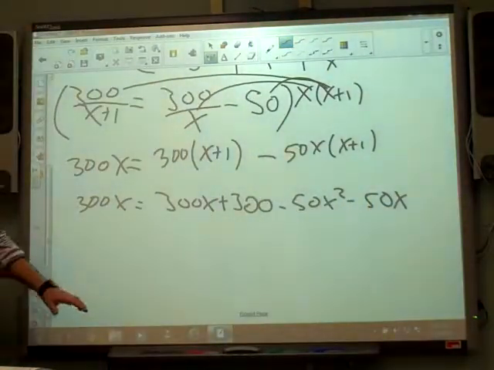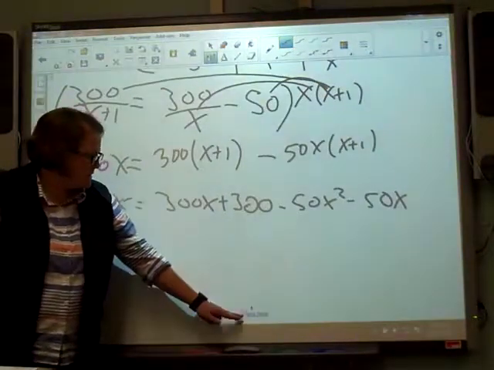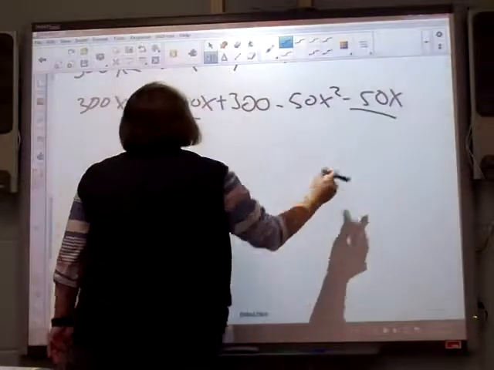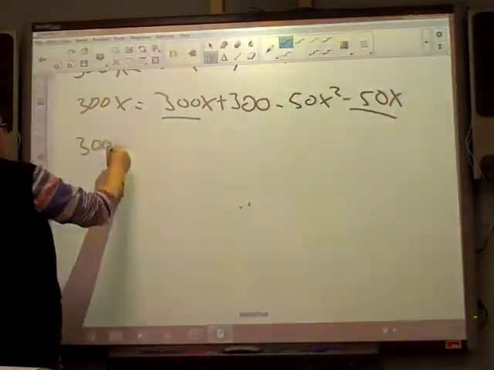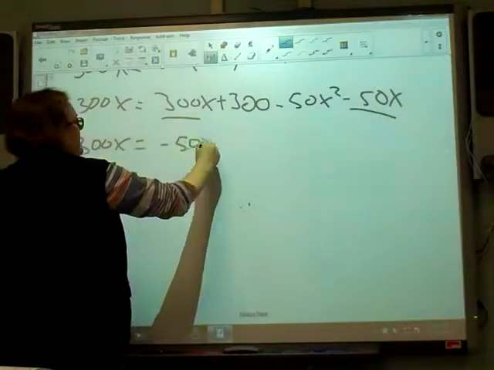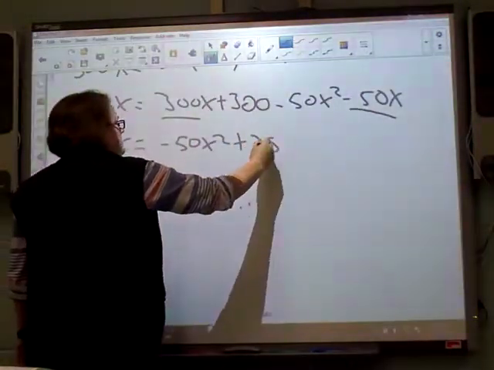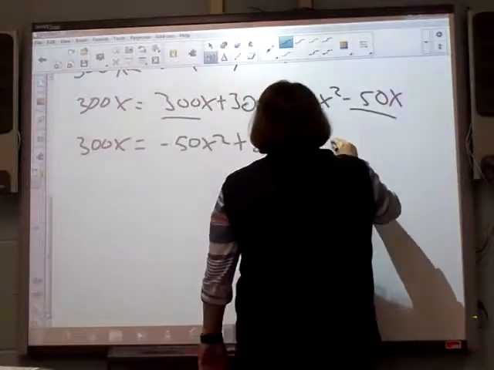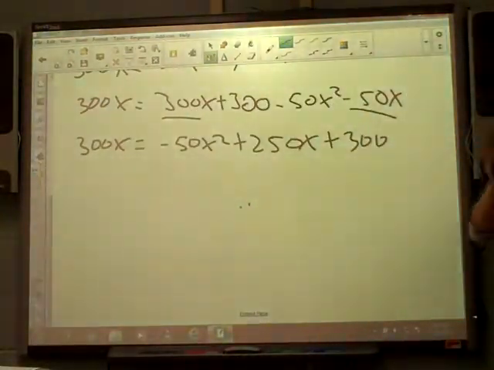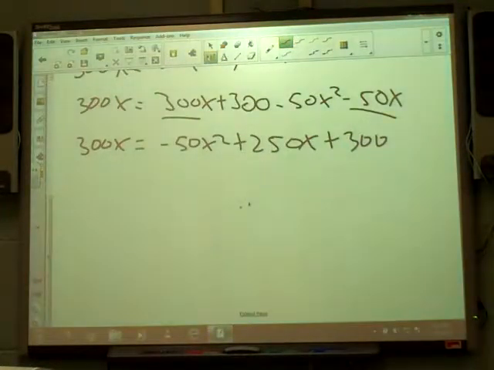Okay, we're cleaning up a little bit. Like terms right here. So I got 300x is equal to negative 50x squared plus 250x plus 300. As I combine those like terms, I wrote it in standard form over there. That all right?